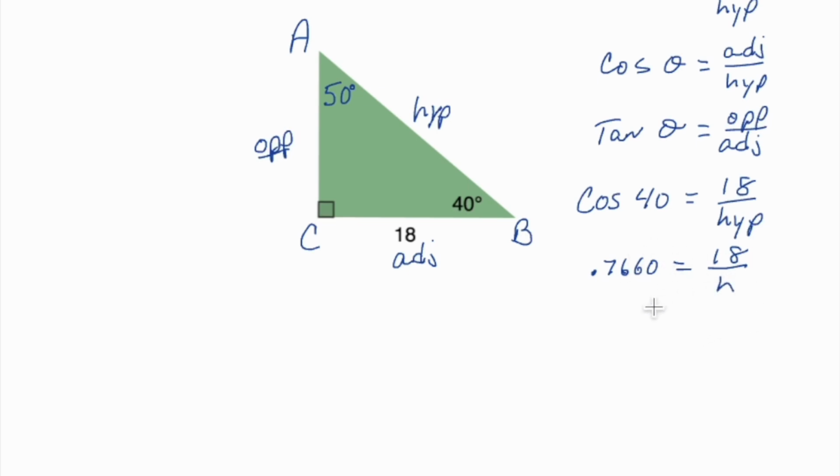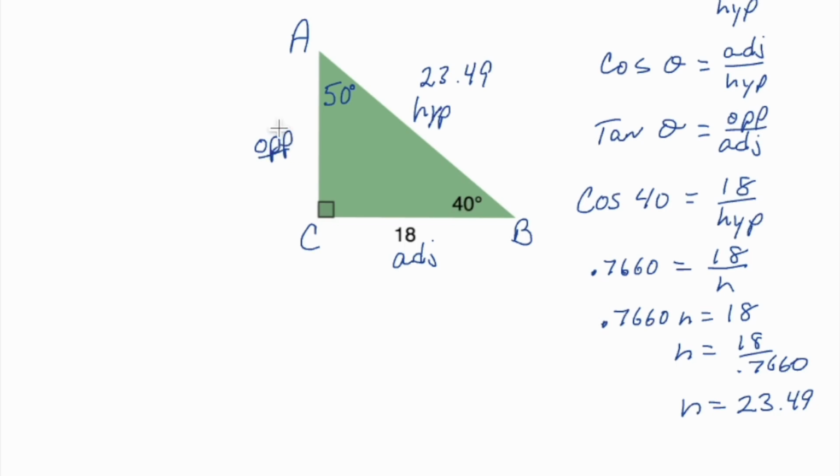And then we just solve this proportion here by multiplying those terms and then divide 18 by 0.7660. And we find out that the hypotenuse is about 23.49. Okay? So this is going to be 23.49.